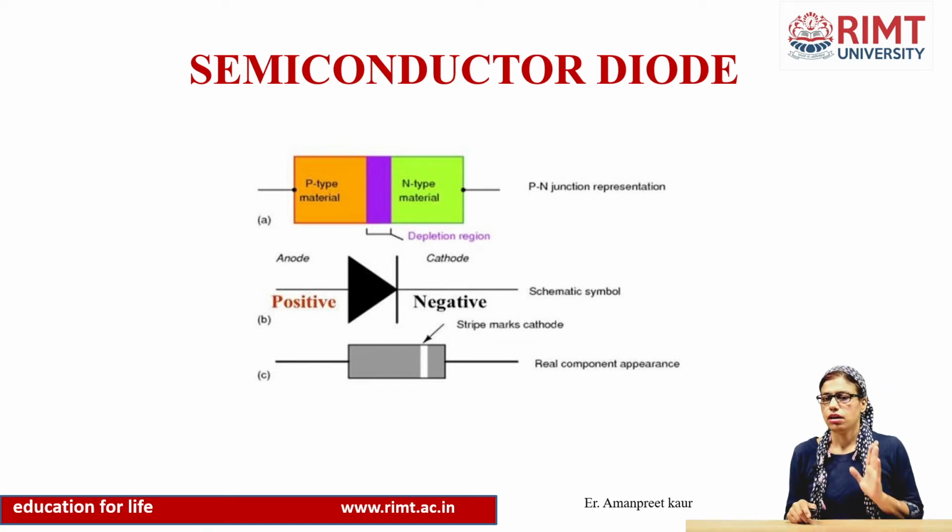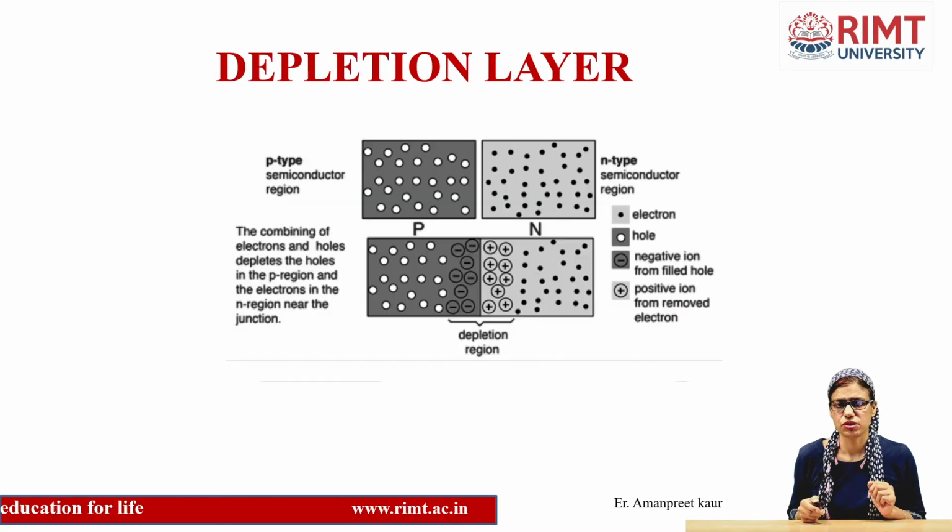So you can understand the schematic symbol, the real component appearance, and also the p-n junction representation. There is a depletion region, with the p type semiconductor on the left and the n type semiconductor here. We join these, so there exists a depletion region. So, what is depletion region?